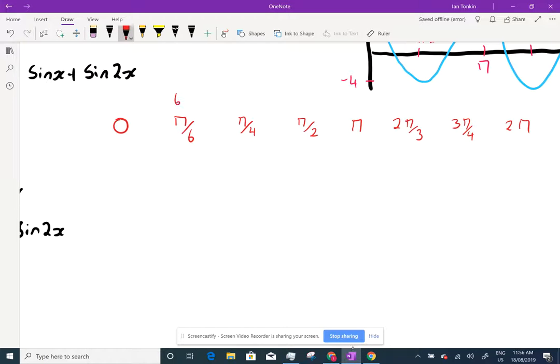So that gives me 30, if you like to think in angles, 45, 90. And I'm going to get rid of that one. I'm going to make that 7 pi on 6.